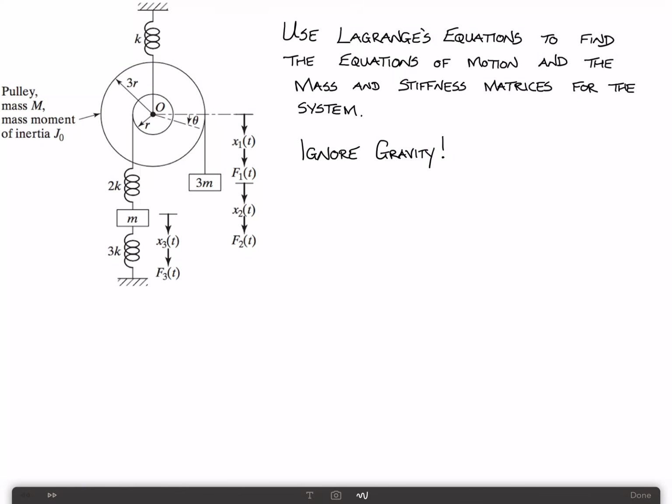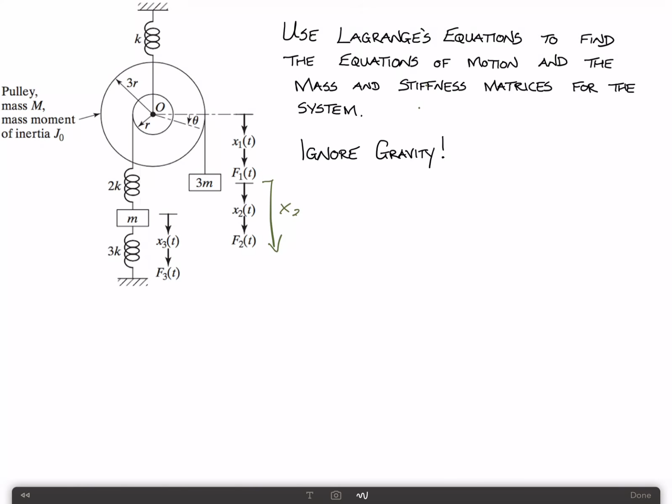We are given coordinates to use in this problem. x1 is the motion up and down of this pulley. That is x1, as I've drawn in the diagram. x3 is the motion of this mass, little m. And x2 is the motion of the big mass, 3m.